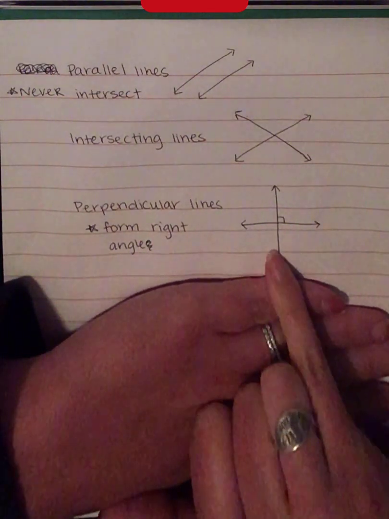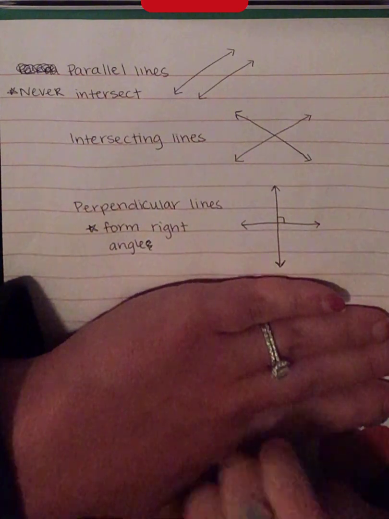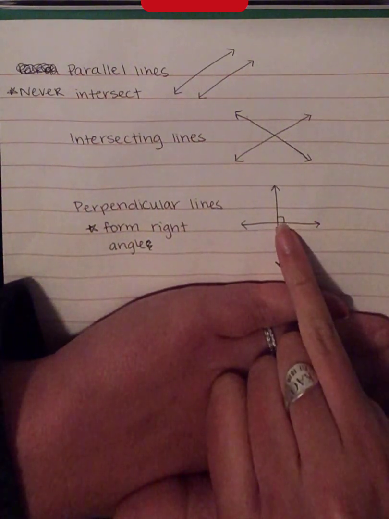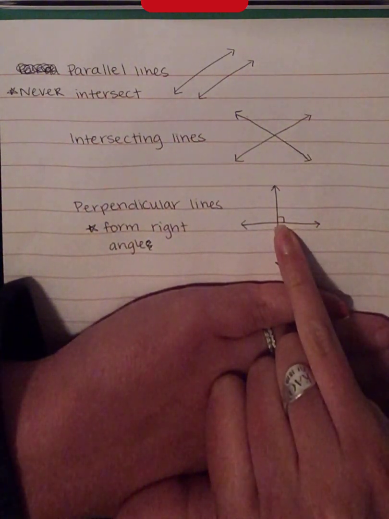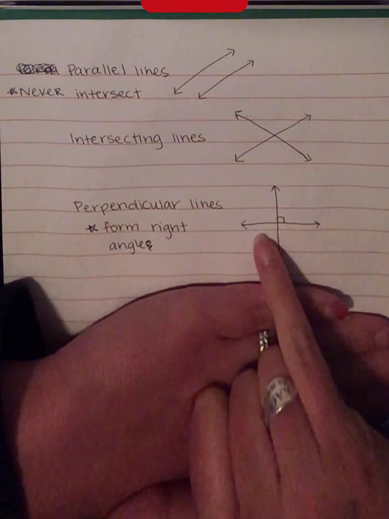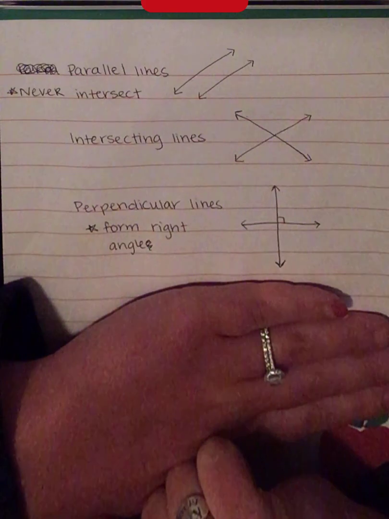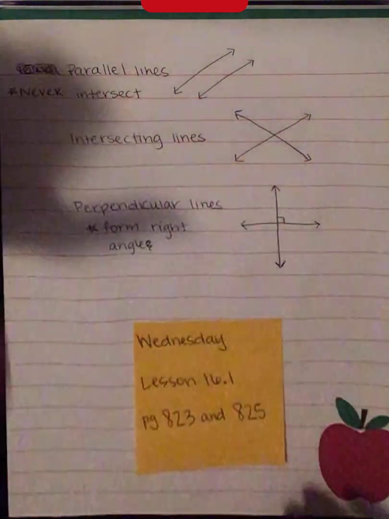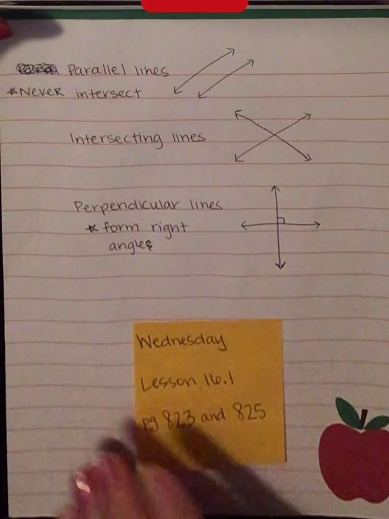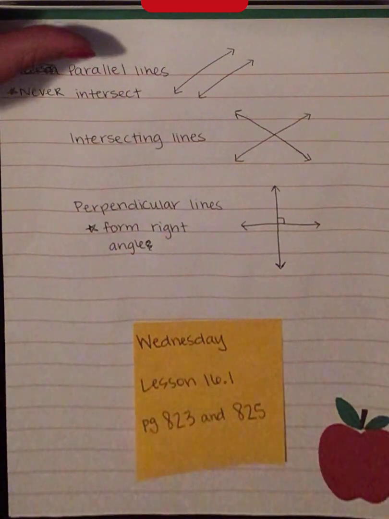So this would be an example of perpendicular lines. And so this perpendicular line, I know I only marked one of the right angles, but there really is a right angle in each of these 4 corners here. Okay, so it kind of makes the letter T. So if you need to pause this because you need some more time, go ahead and do so.